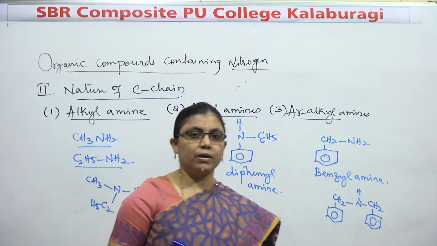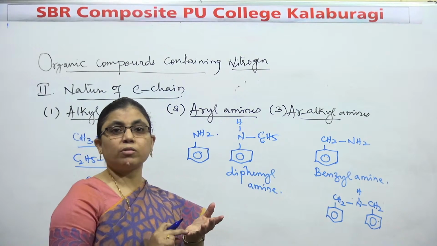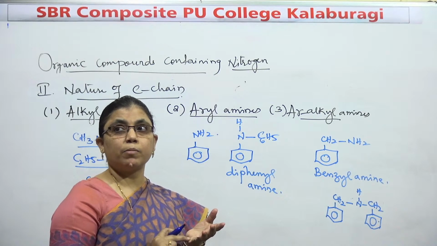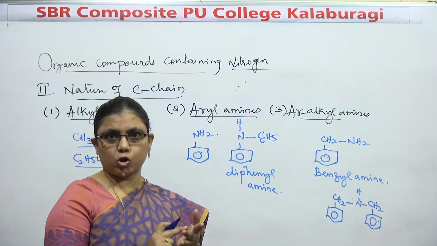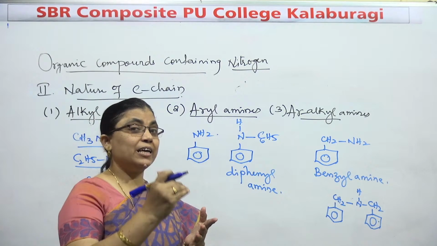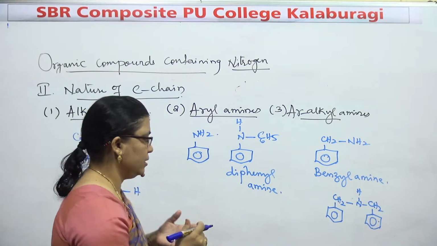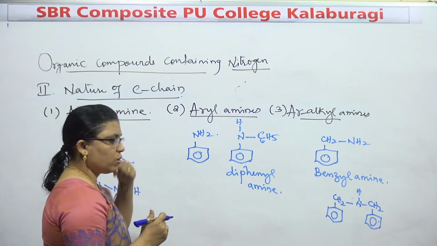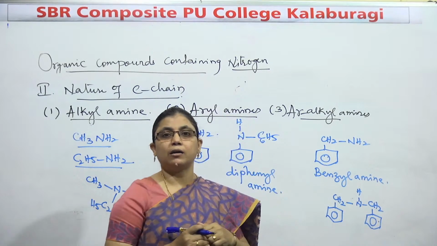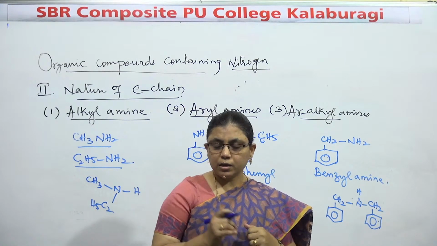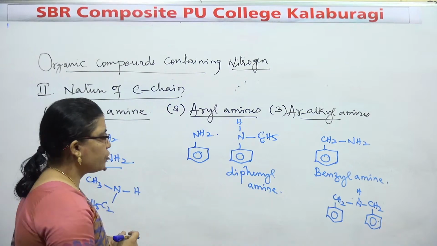So in a simple way, amines are classified first on the basis of number of alkyl or aryl group as primary, secondary and tertiary. Secondary and tertiary are further classified as simple amine and mixed amine. Whereas on the basis of nature of carbon chain, they may be alkyl, aryl, or aralkyl amine.